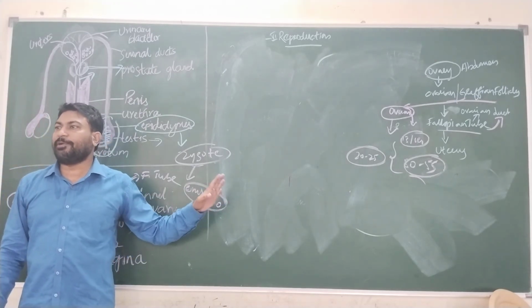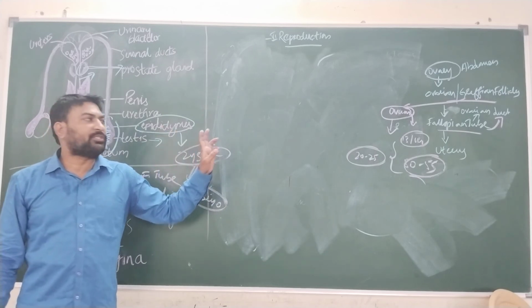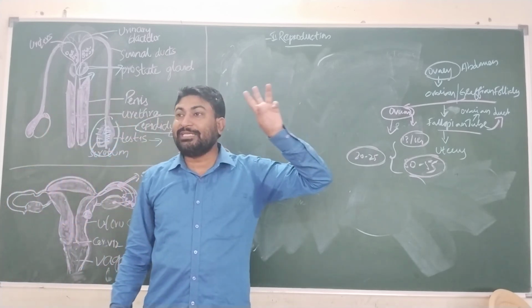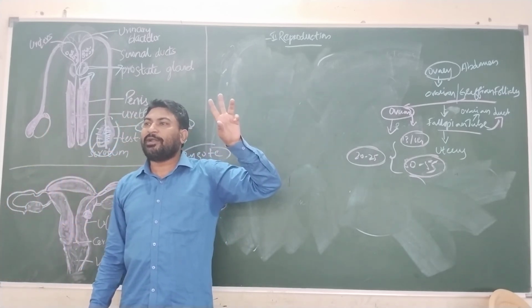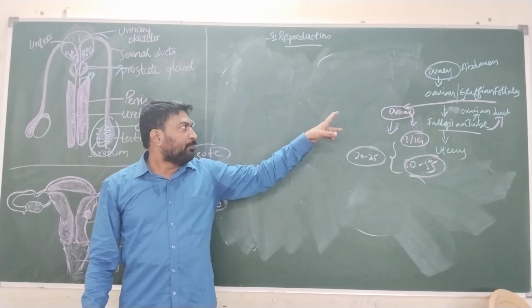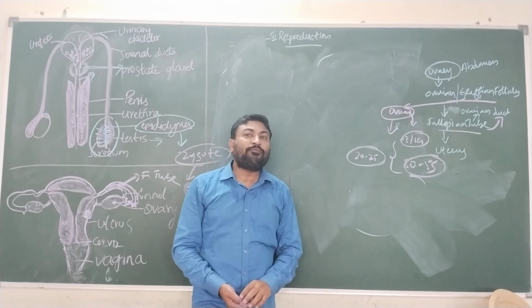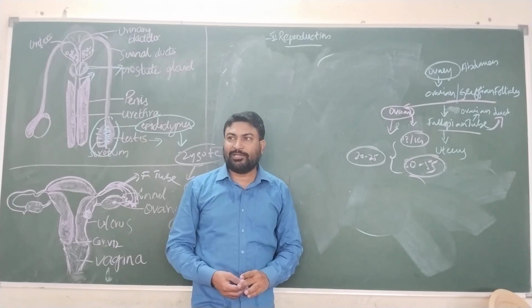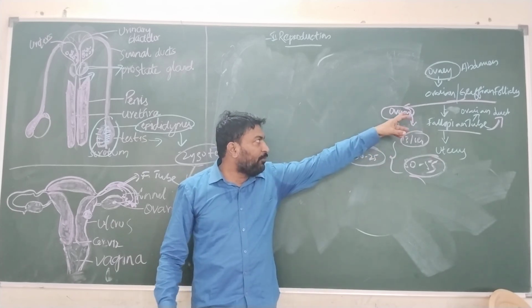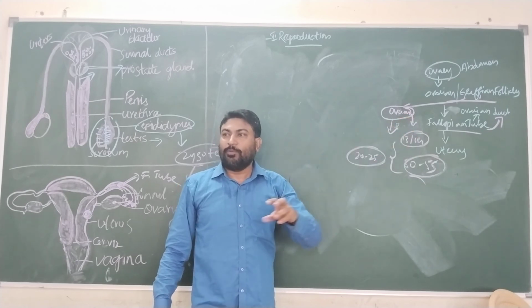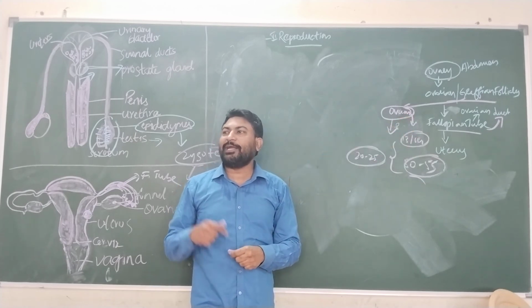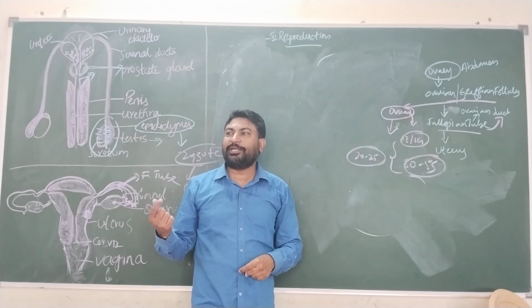This is about the female reproductive system. The female reproductive system consists of a pair of ovaries in the abdominal cavity on either side of the vertebral column, and each ovary consists of follicles known as ovarian follicles or Graafian follicles. When each follicle matures, it ruptures and releases the ovum into the surrounding cavity.